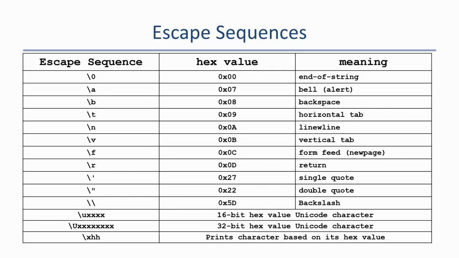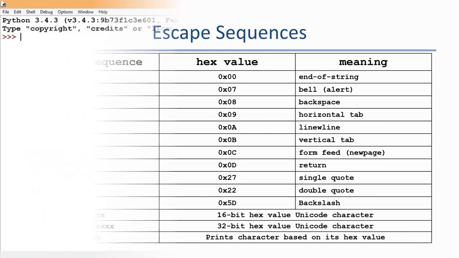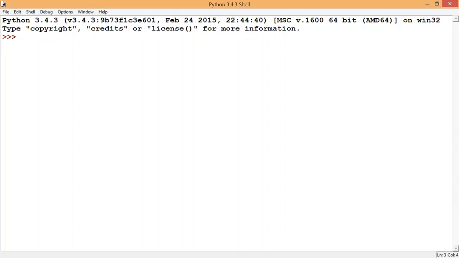In Python, you should use a backslash followed by one of the characters which are shown in this table. For example, if you want to insert a tab into your string, then you start with a backslash followed by a lowercase t.